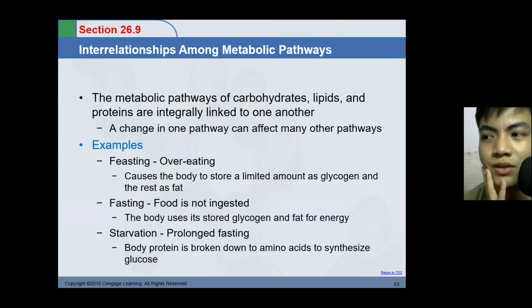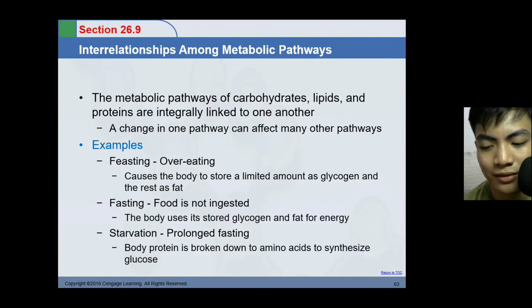Okay? So, that's why in cases of severe malnutrition, sobrang payat nila, wala silang muscle mass kasi nga, yung proteins dun sa muscles nila, eventually, ginagamit din ng body niya mismo para mag-produce ng energy. Okay? So, that's very dangerous.